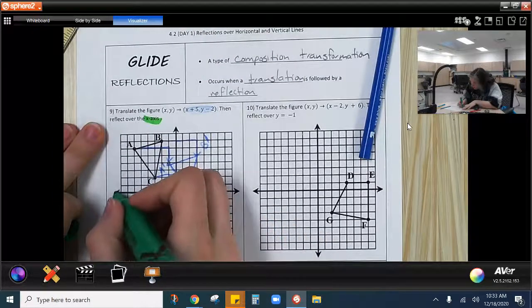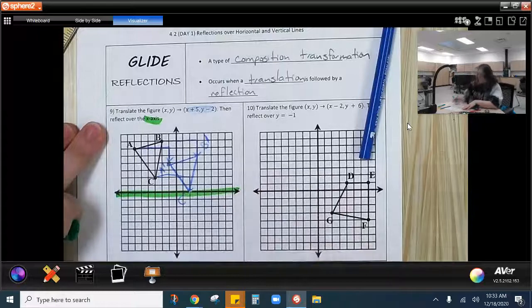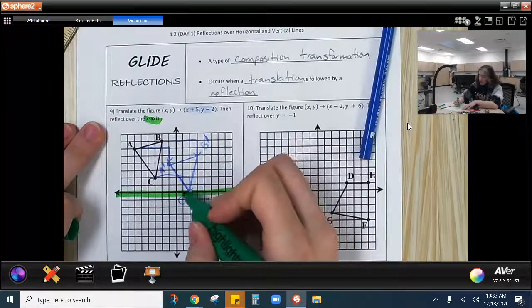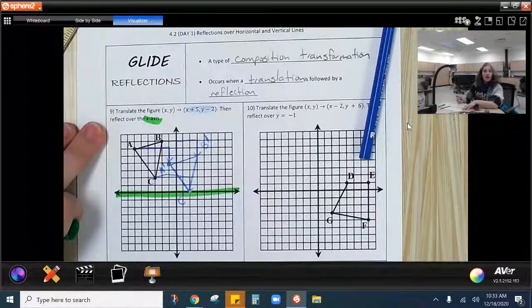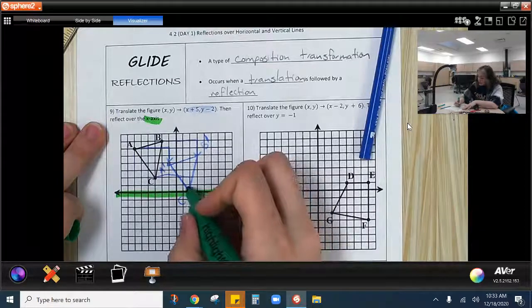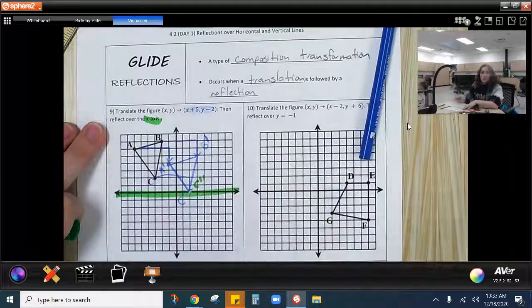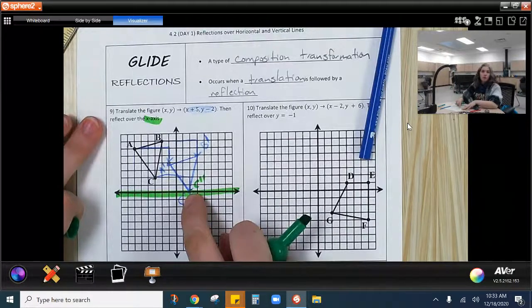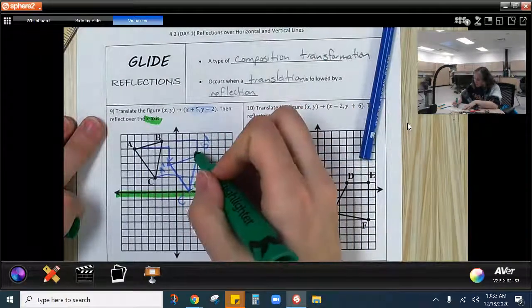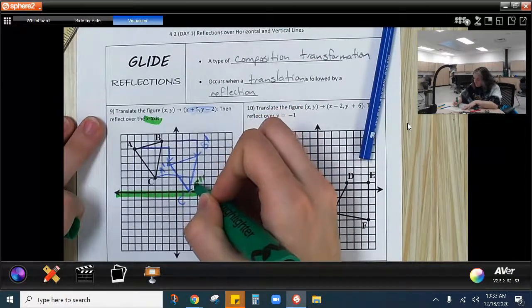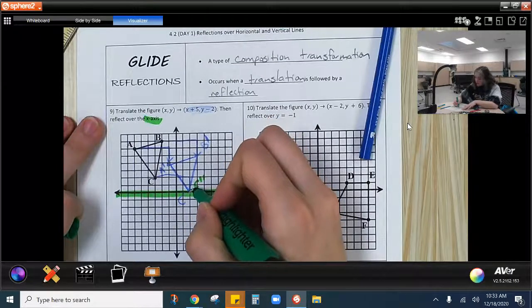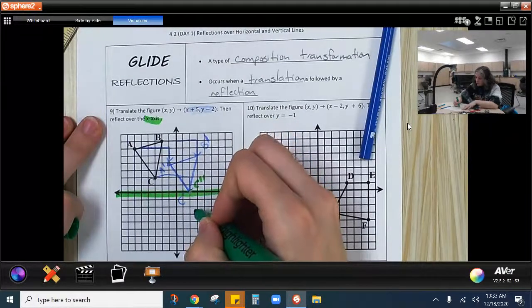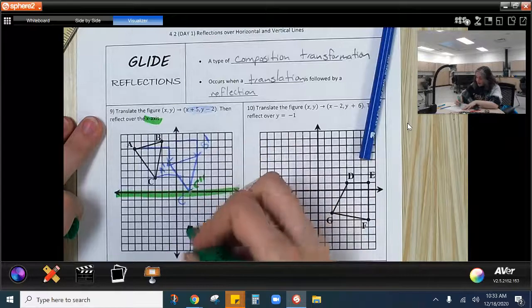All right, so here is that guy. I'm going to start by reflecting my C prime. Well, C prime is actually on the axis. We haven't seen this yet, but that means that C double prime is right there as well, because it's 0 away from the x-axis. B prime is 1, 2, 3, 4, 5 away from the x-axis, so we need to go another 1, 2, 3, 4, 5 away.